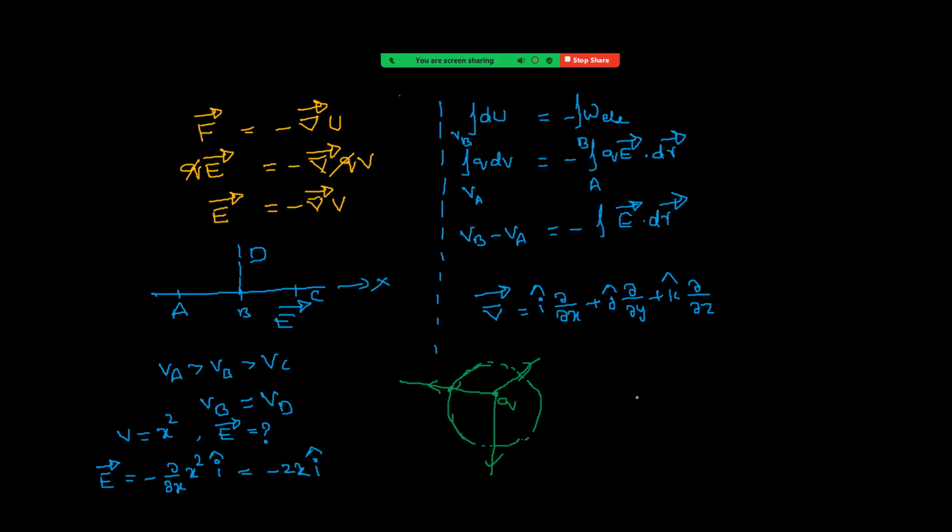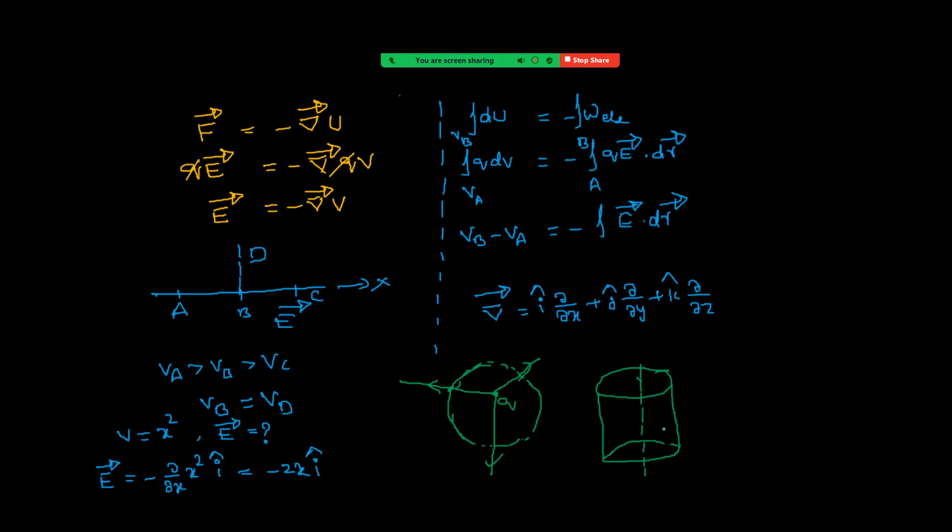Suppose you take a line charge, I think you can guess it. Suppose the charge is positive. If you imagine one cylinder, at each and every point potential will be the same. So because of a line charge, the equipotential surface will be cylindrical.